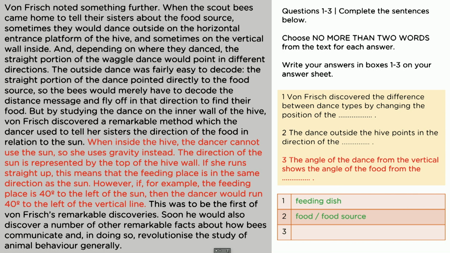If she runs straight up, this means that the feeding place is in the same direction as the sun. However, if, for example, the feeding place is 40 degrees to the left of the sun, then the dancer would run 40 degrees to the left of the vertical line. Number 3, the angle of the dance from the vertical shows the angle of the food from the what? Hopefully you had the word S-U-N. Sun is the answer there.